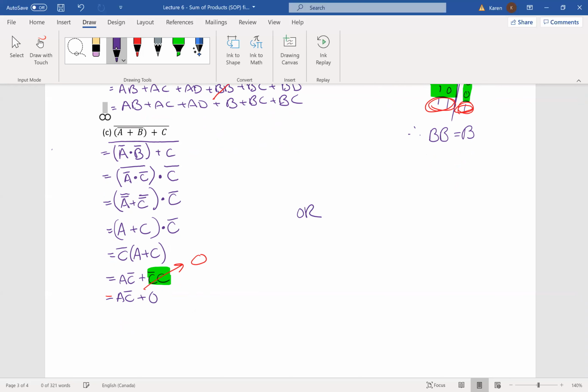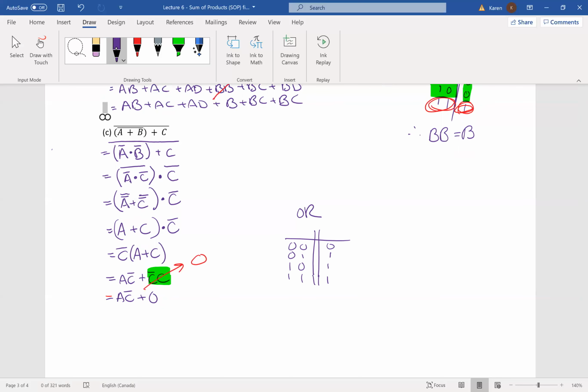Let's look at an OR gate again. The output of an OR gate is high if one or the other or both inputs are high.